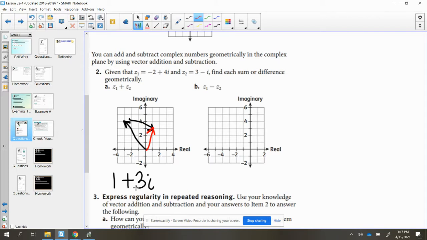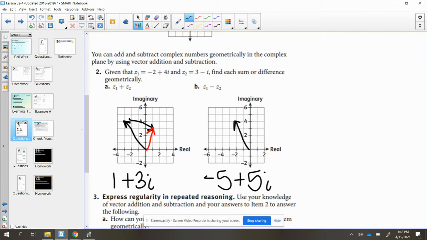We can also represent our differences as well. So z1 minus z2 would be -5, and then 4 minus -1 is actually plus 5i. And we've talked a lot about how then it kind of turns into that negated front. So we still would graph z1, -2 plus 4i.